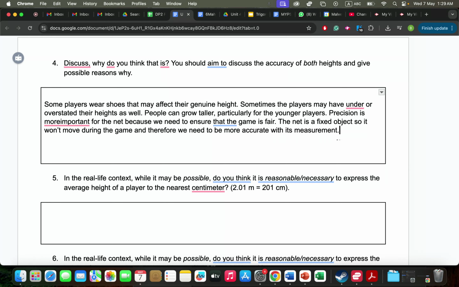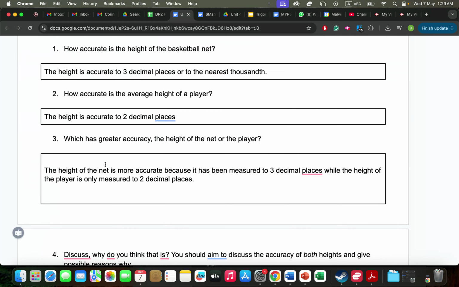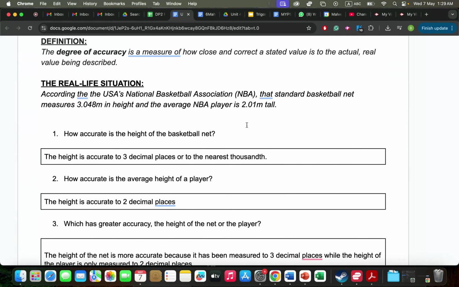You see where I'm coming from, guys? When it comes to Criterion D, and when it comes to explaining the degree of accuracy of the height, we need to think about some real life factors that contribute to the degree of accuracy that's given to us in these two measurements here.